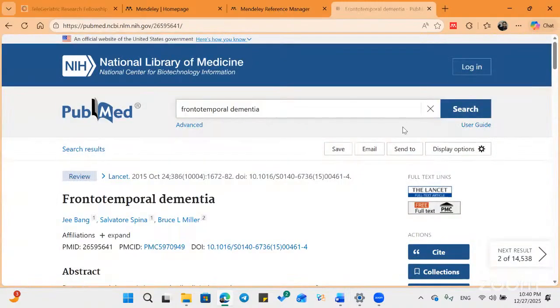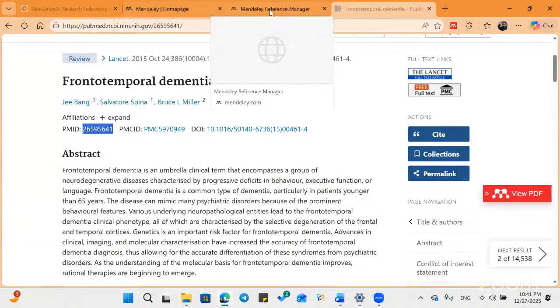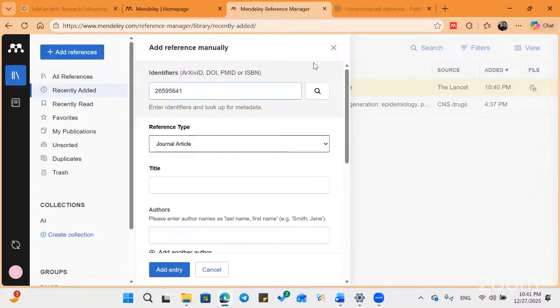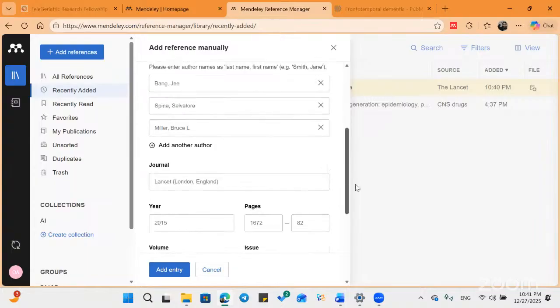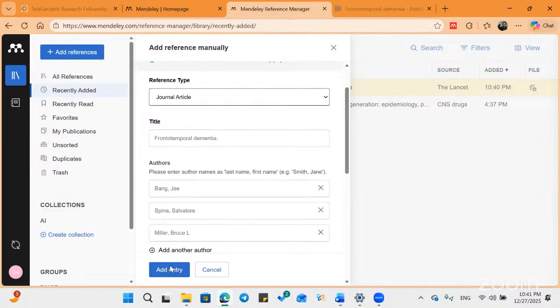For example, I have this paper here. I can copy its PubMed identifier and go back here to Mendeley, paste it here, look up the metadata, and as you can see, all the information of the paper has been read by Mendeley, and we can add it.